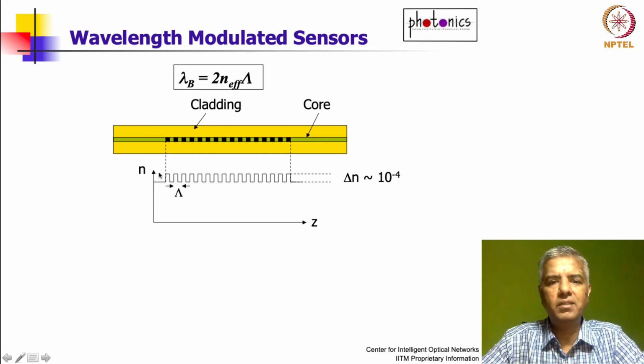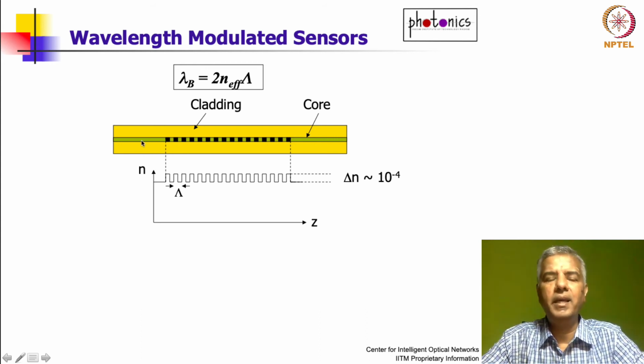What Bragg diffraction theory tells you is this will coherently cause interference for light in the opposite direction, and that light whose wavelength is lambda b is going to be reflected from this point.